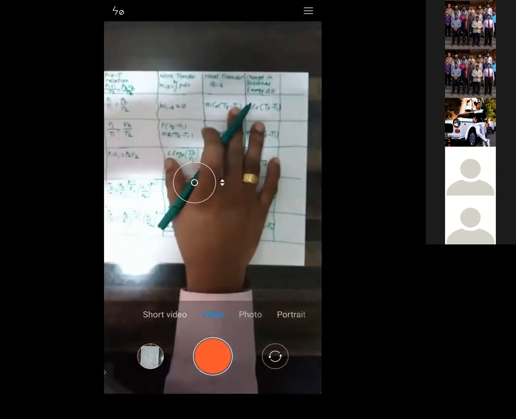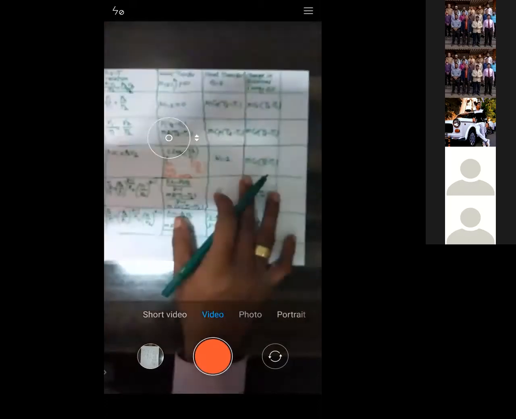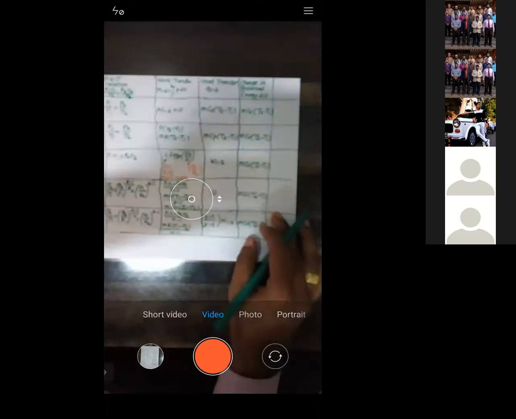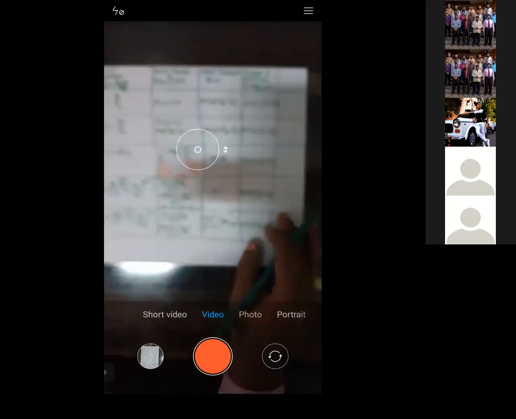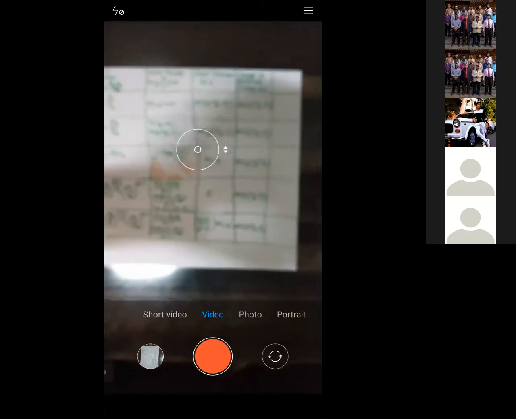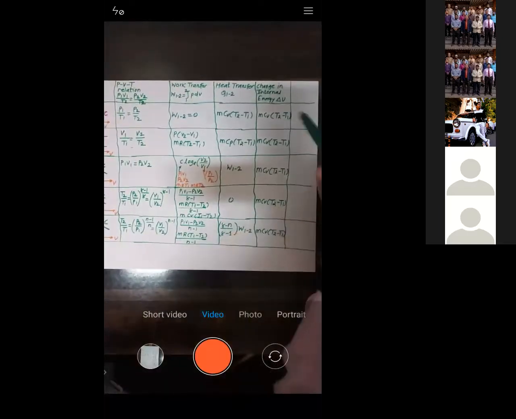Now, all of you might have observed the formula for change in internal energy is the same for any process.